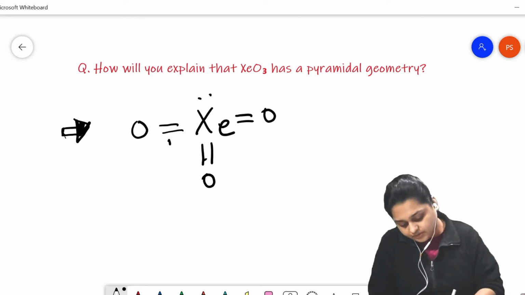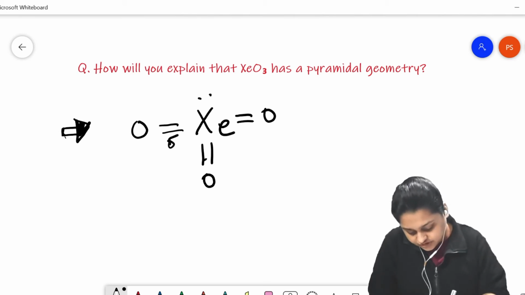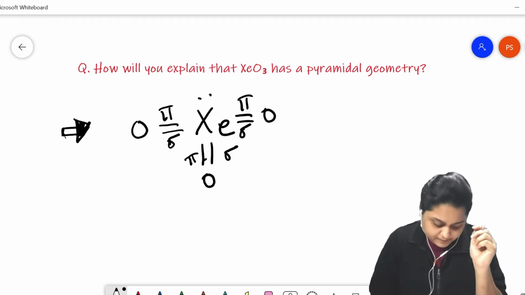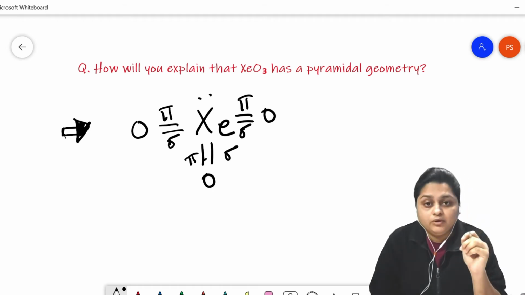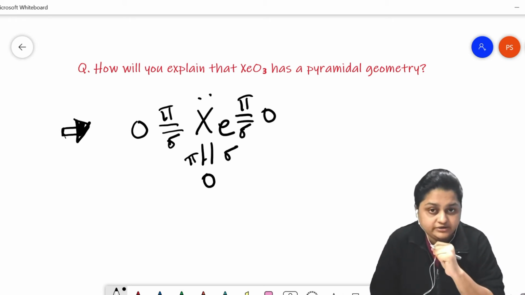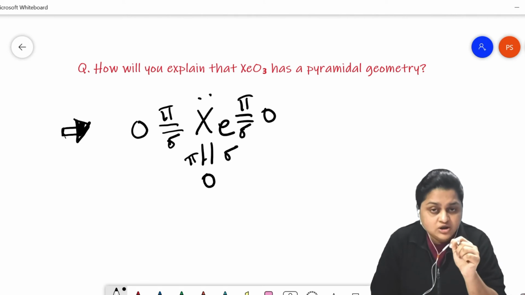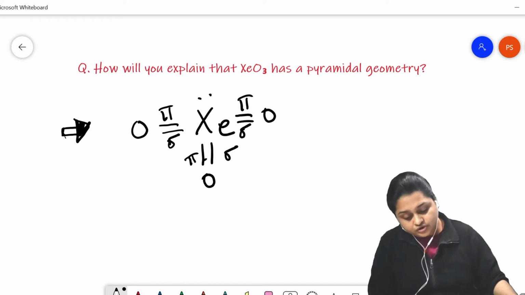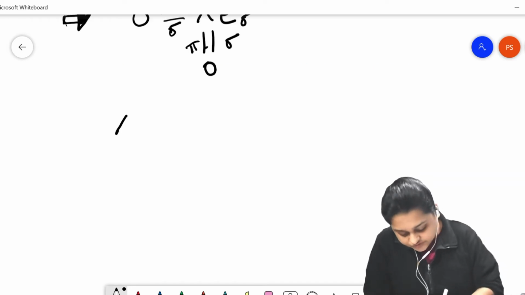Now, with the double bonds, the 3 oxygen atoms form 3 sigma bonds and 3 pi bonds, a total of 6 bonds with 3 oxygen atoms. So 6 unpaired electrons are required in the central atom xenon to create 3 sigma bonds and 3 pi bonds in total. So let's see the valence electronic configuration of xenon.